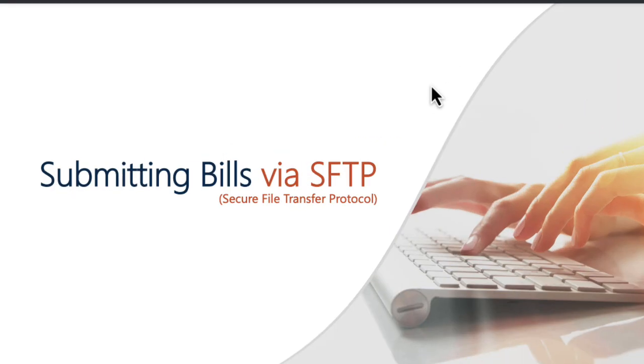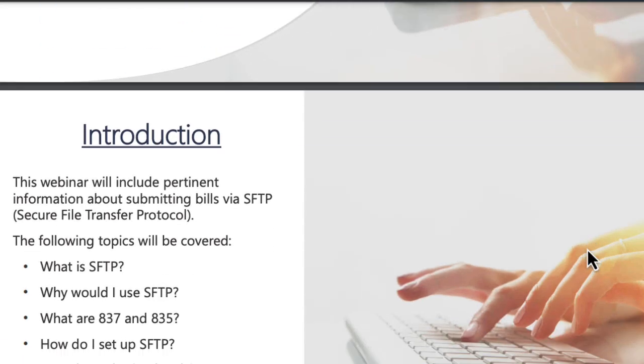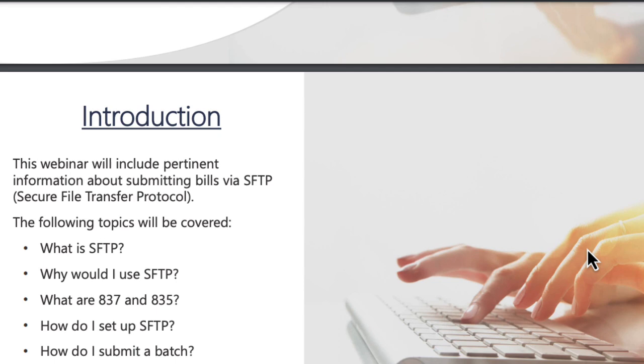In order to submit the EDI 837 file, we use something called SFTP setup, that is Secure File Transfer Protocol. I will show you how to create an SFTP account and how to use this SFTP account to transfer the EDI 837 files.